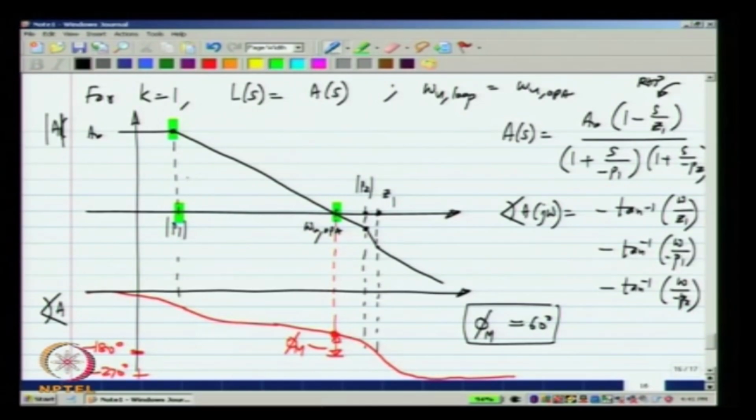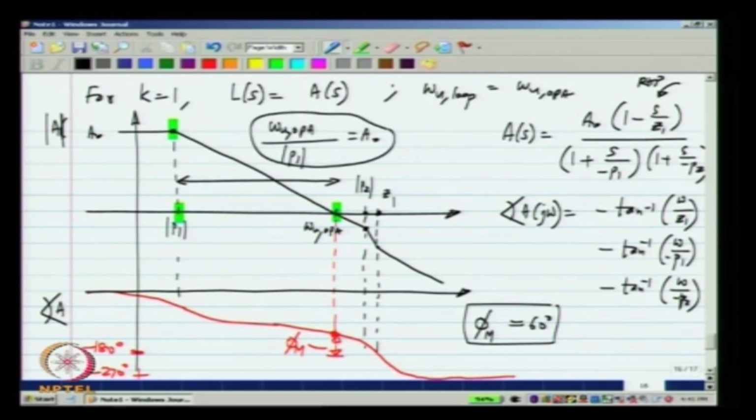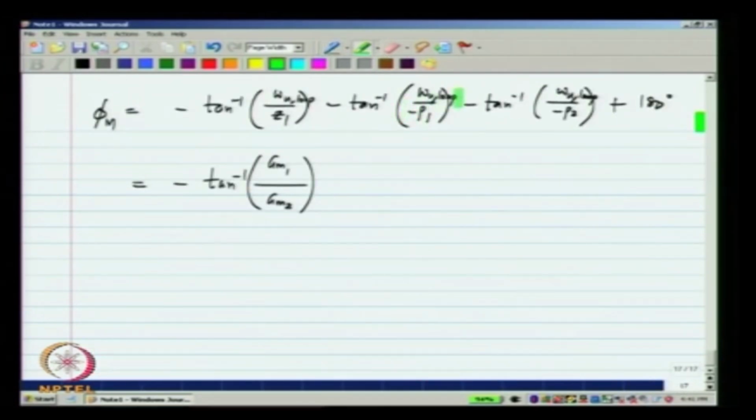Okay. The ratio of omega u OPA by p1 is A naught. This is something we know already. Okay. Omega u OPA can be approximately calculated as A naught p1 when the roll off is predominantly of first order. Okay. Now, because of that, this is tan inverse of a large number.